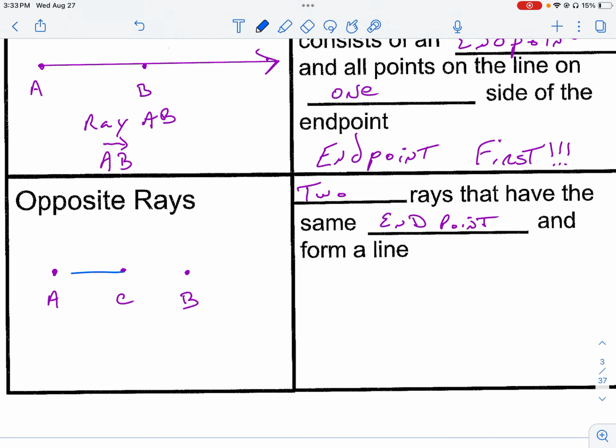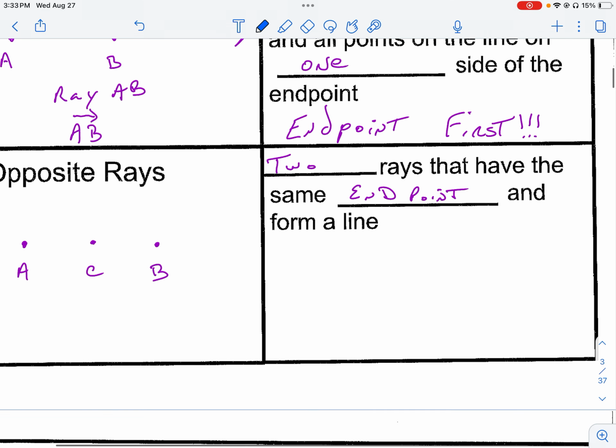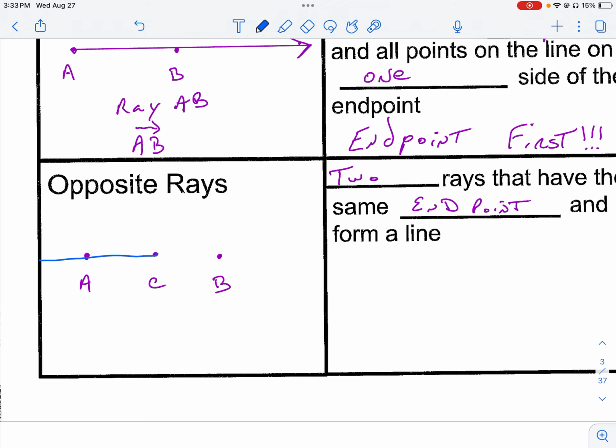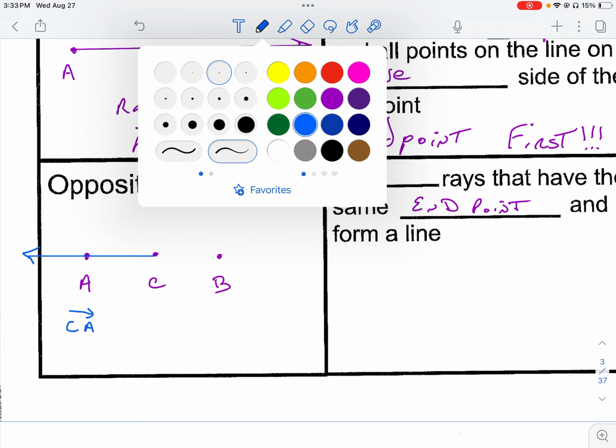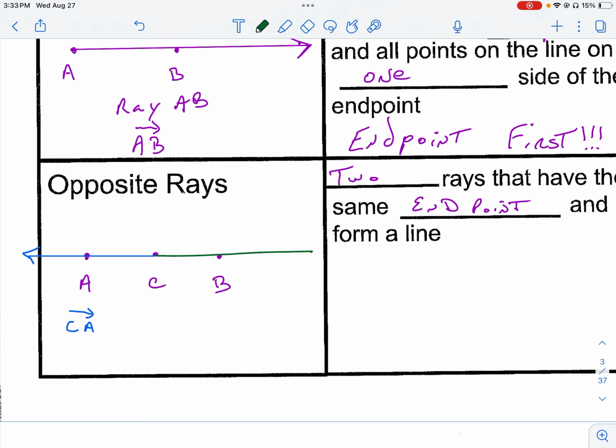So we got ray CA, and we got ray CB. So ray CA and ray CB are opposite rays.